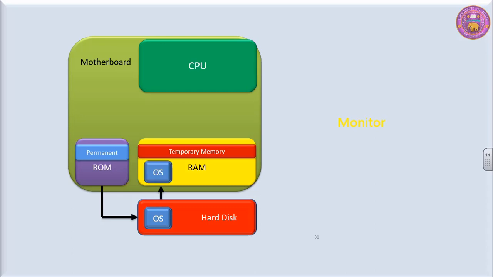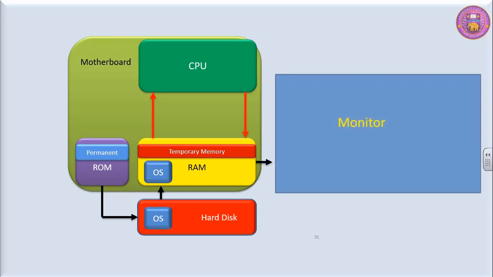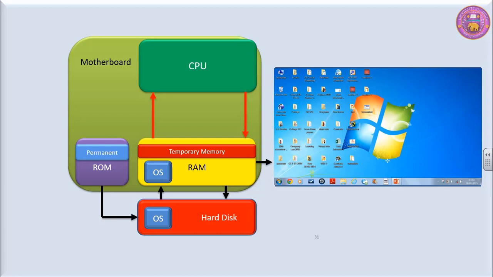The moment the operating system reaches RAM, the role of RAM comes to an end and the whole control of the computer is taken over by the operating system. The operating system sends some of the first files to the CPU. The CPU processes those files and returns them to RAM. RAM shows those files to the monitor. The monitor shows the very first screen.